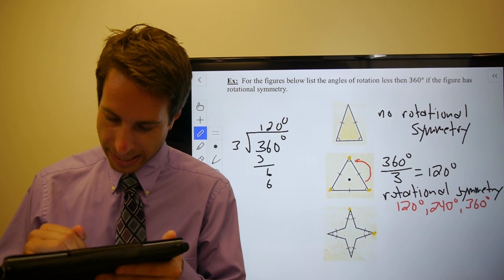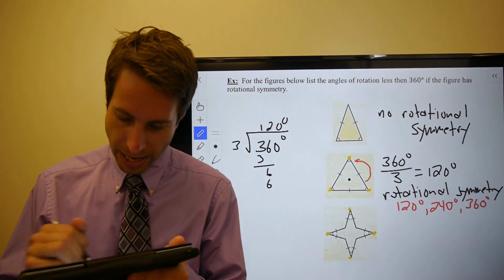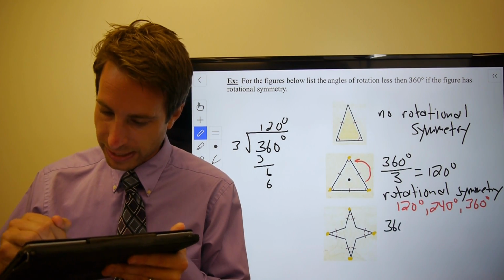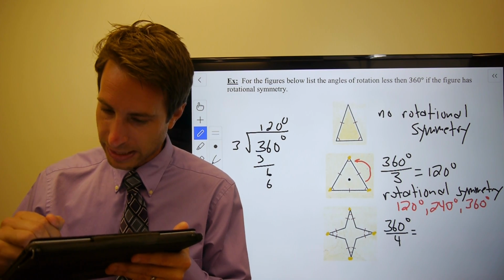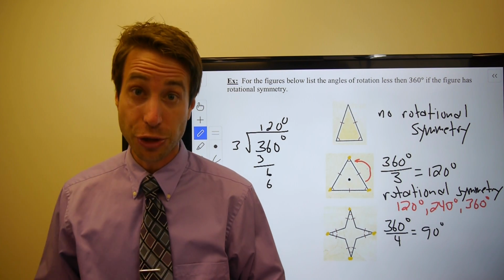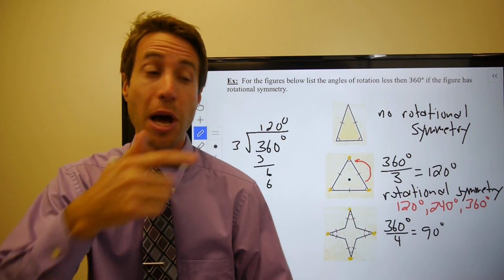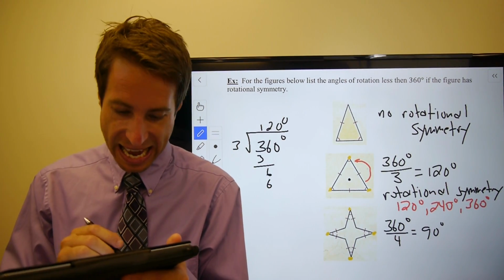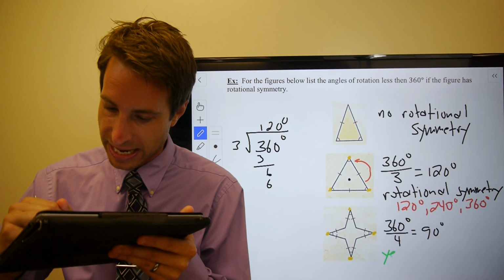You can just look at it and see rotational symmetry. I have 4 points, 360 divided by 4, that's an easy one. Every 90 degrees, every 90-degree rotation maps this image onto itself. So yes, I have rotational symmetry.